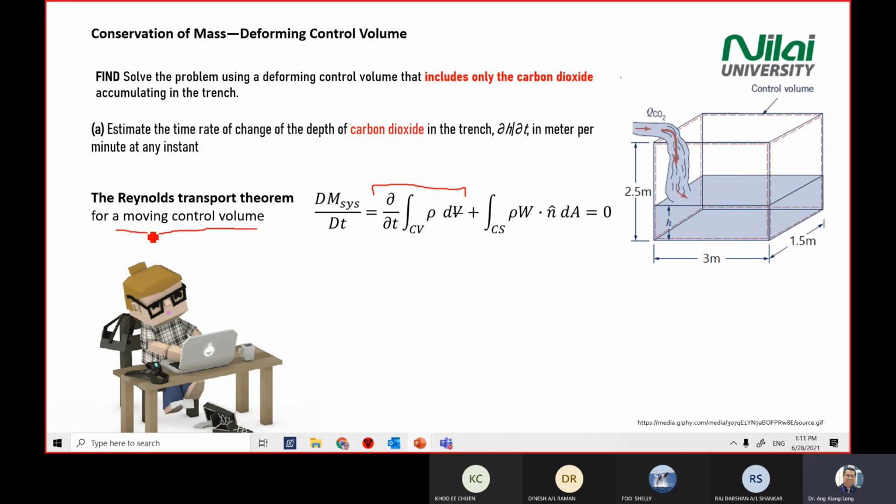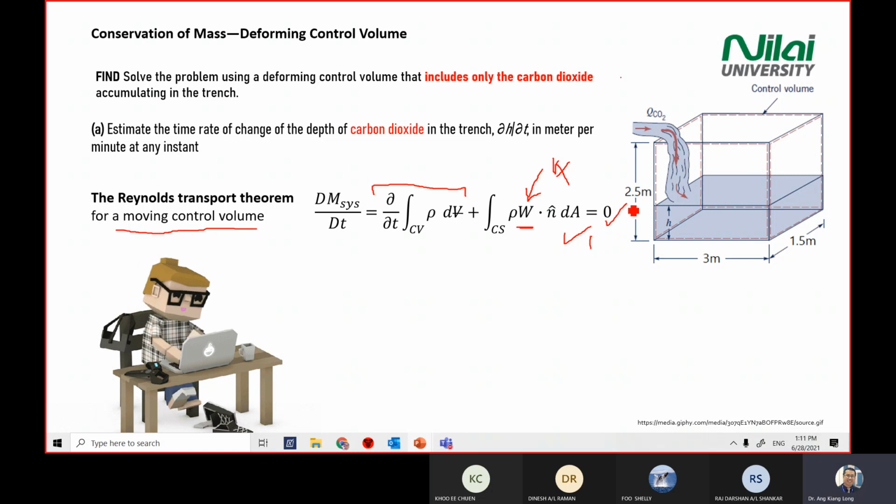If you have a moving and deforming control volume, remember to change the velocity component inside the control surfaces. Earlier we used V, but for a moving and deforming control volume, if you use V, sorry to say, you lose 1 mark for your general equation.